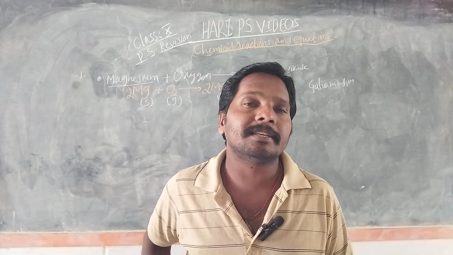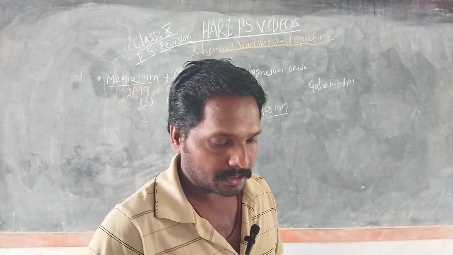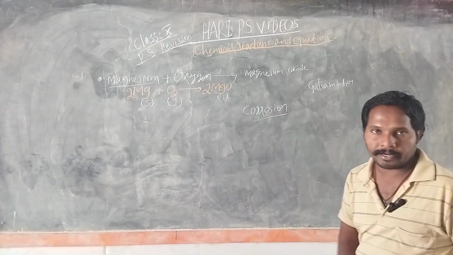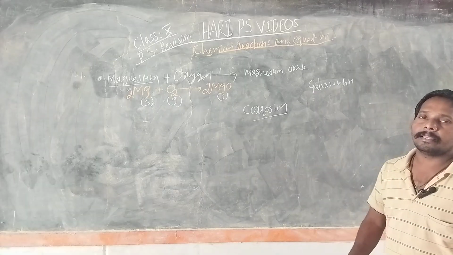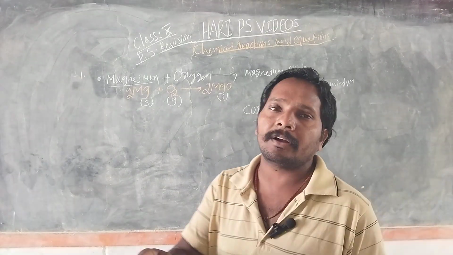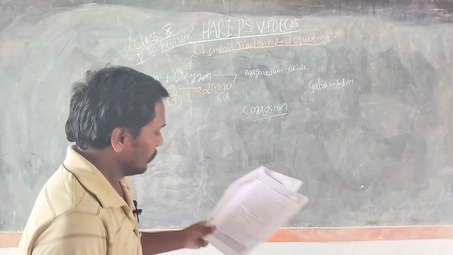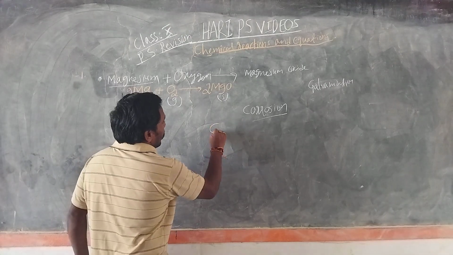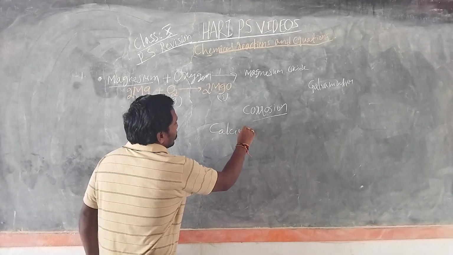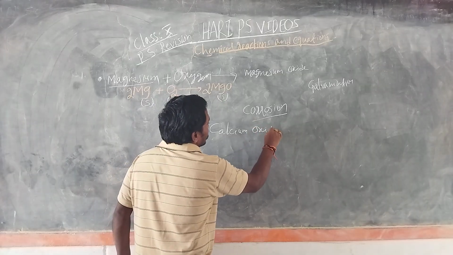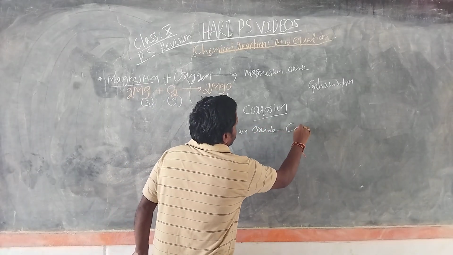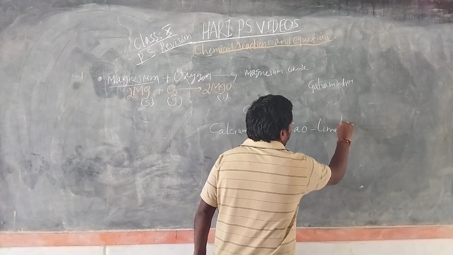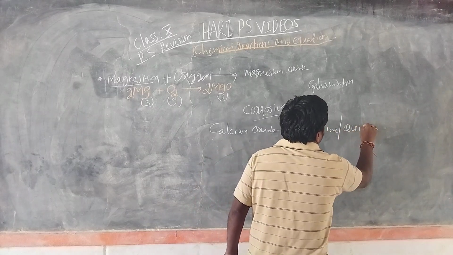State the law of conservation of mass in a chemical reaction. In a chemical reaction, mass is neither created nor destroyed. That is the law of conservation of mass. Then write the common name for calcium oxide. The common name is lime or quicklime.